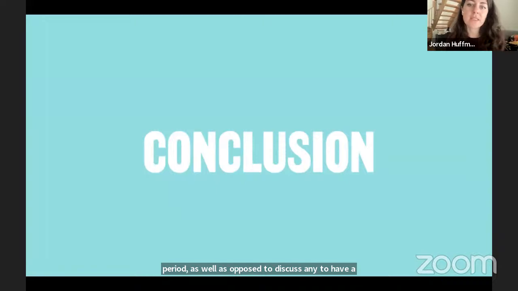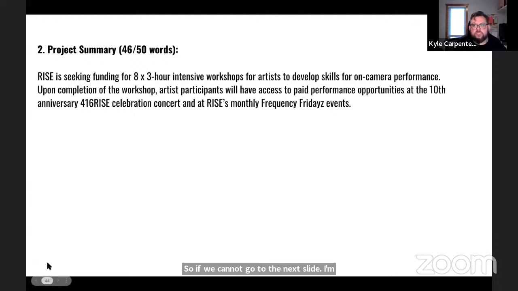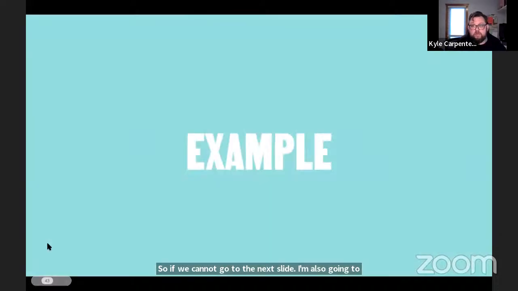But before we do, we have a sample application that we would love to show you. This is an application that we have previously submitted, and Kyle's going to walk you through it. If we could go to the next slide, I'm also going to give you a copy of this application that we submitted on behalf of R.I.S.E that was successful, so it can be an example for you going forward.